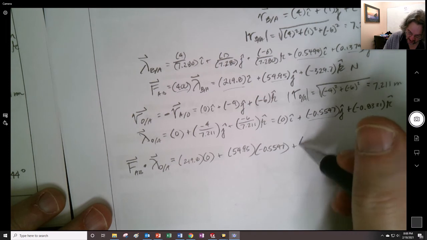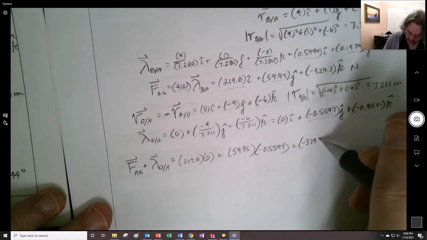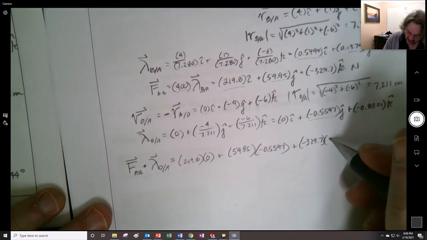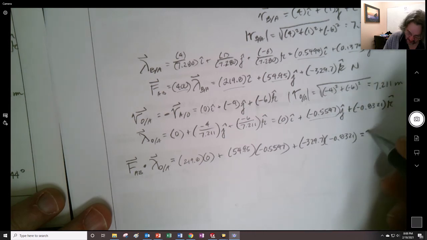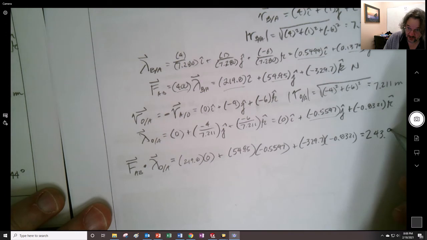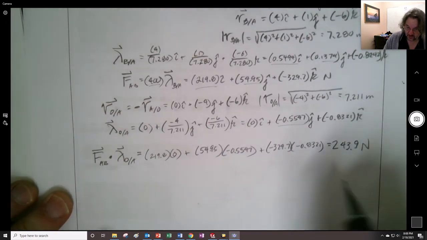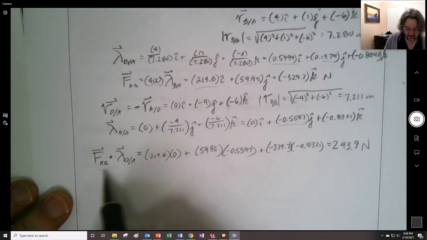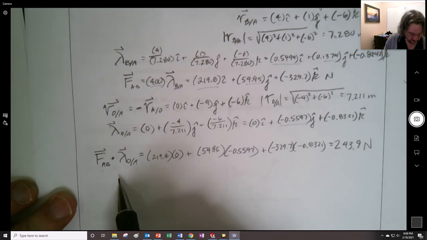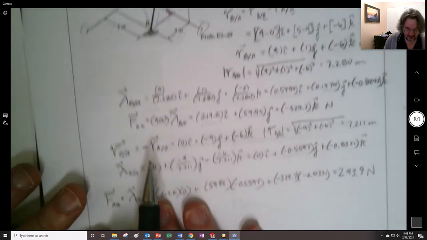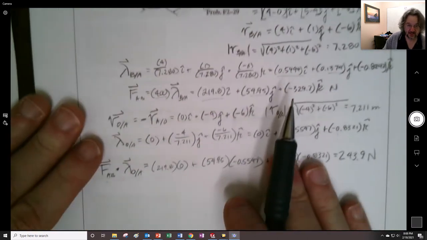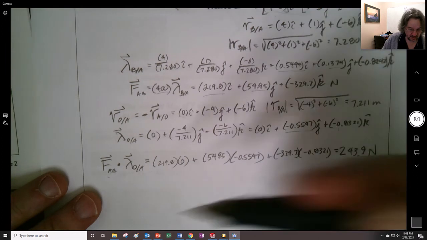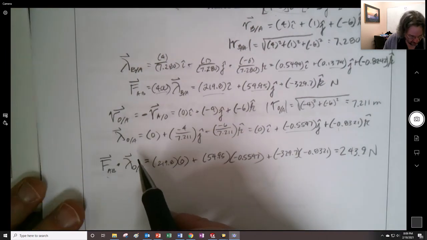Then we take our negative 329.7, and our negative 0.8321, and what we find is 243.9 newtons is the projection of this force onto that direction, right? So in a sense this thing is going to be in compression by that amount. That's the amount that's pushing down along the length of that.